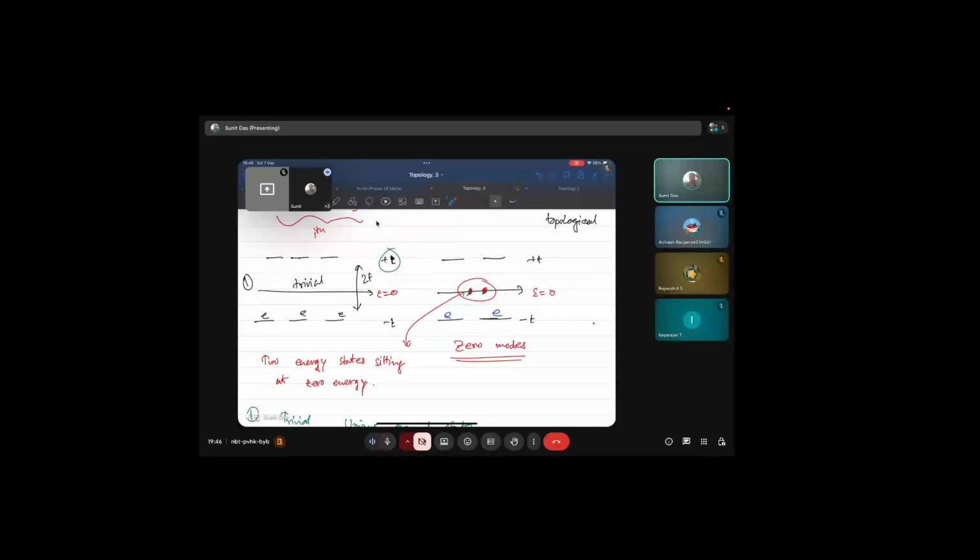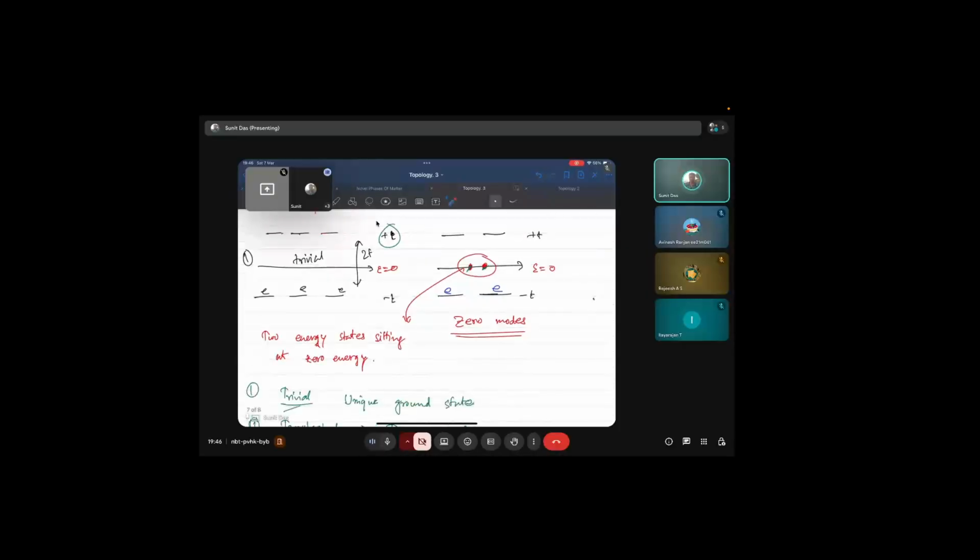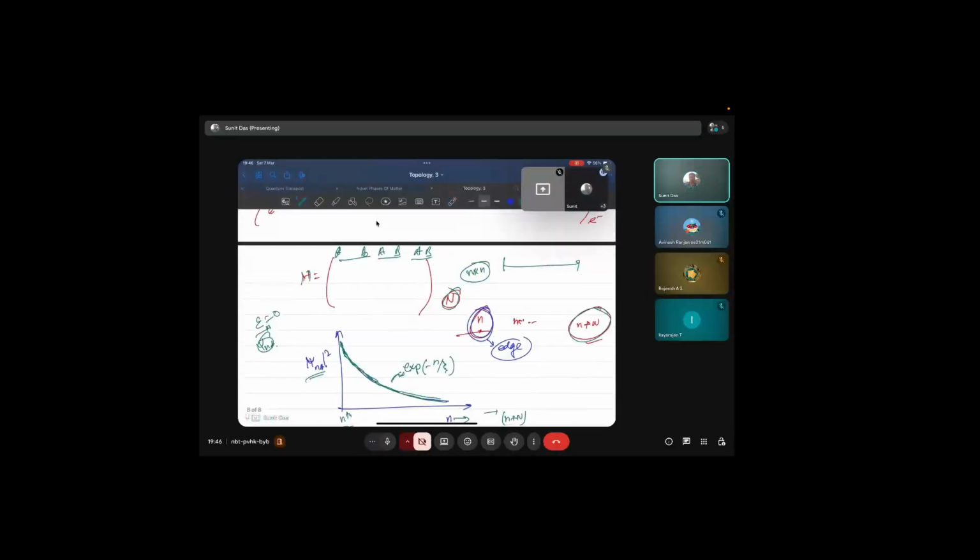Whereas for a trivial system, you will not have any edge state in the sample. For the non-trivial, topological case, you will have edge states with zero energy, and they can conduct electricity or give a Hall response, and then give rise to some non-trivial response. And this is the reason why people say that the bulk is gapped.